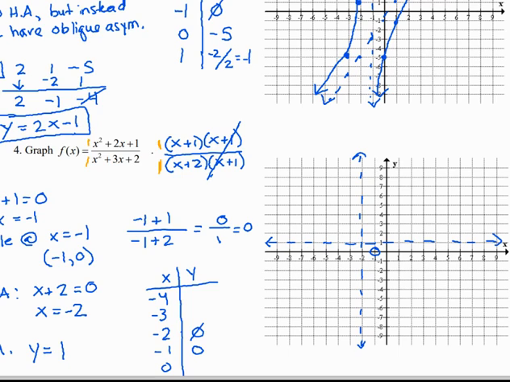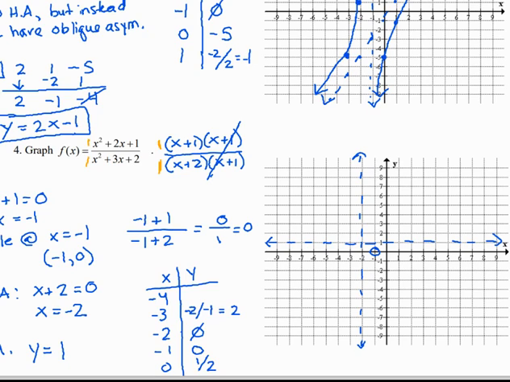If I plug in a 0, we would have 0 plus 1 is 1, and 0 plus 2 is 2, so I'd get 1/2. If I plug in a negative 3, we'd have negative 3 plus 1 is negative 2, and negative 3 plus 2 is negative 1. So again, that would be saying negative 2 all over negative 1, which is 2.